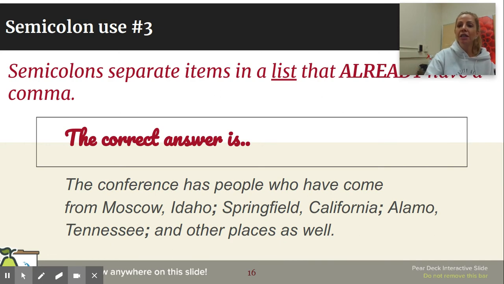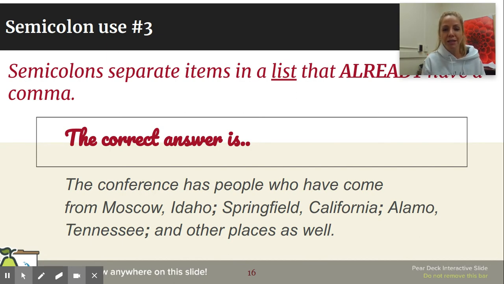Again, the semicolon tells the reader that's another place. Alamo, comma, Tennessee, semicolon before the and other places as well. So notice that semicolon before the and as well. Once you start using that semicolon in between places, you need to do it before that conjunction and as well.